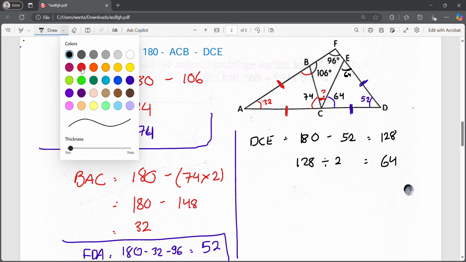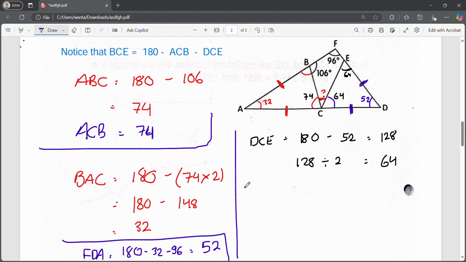Now we can find the angle we're looking for, which was BCE. So BCE is 180 minus 74 minus 64, and that would give us 74 and 64 is 148. So 180 minus 148 is 32.